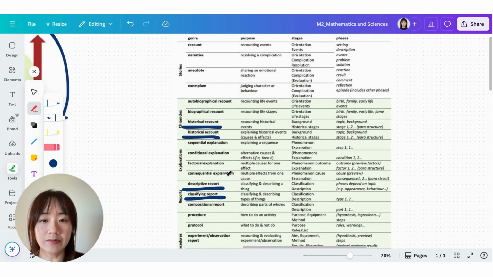The reason why we need to identify the genre type is when we want students to produce a certain genre type when they answer word problems, especially in biology or sciences, where in those big exams, students need to explain the steps of a certain scientific report or experiment, or they need to explain the reasons why something happens.